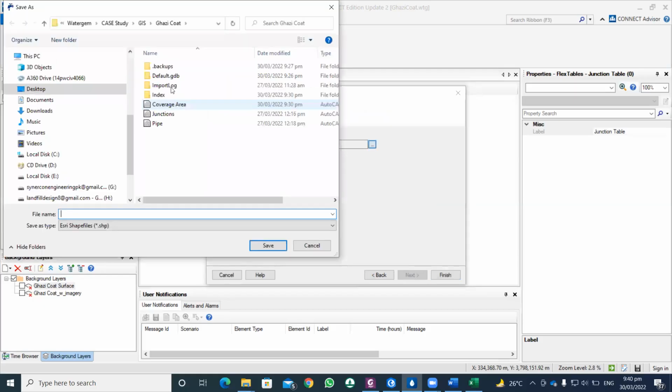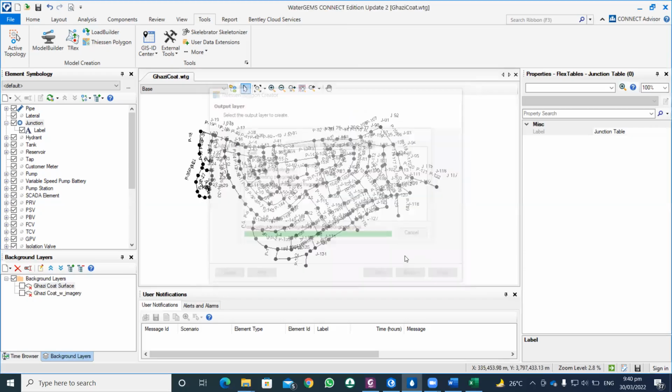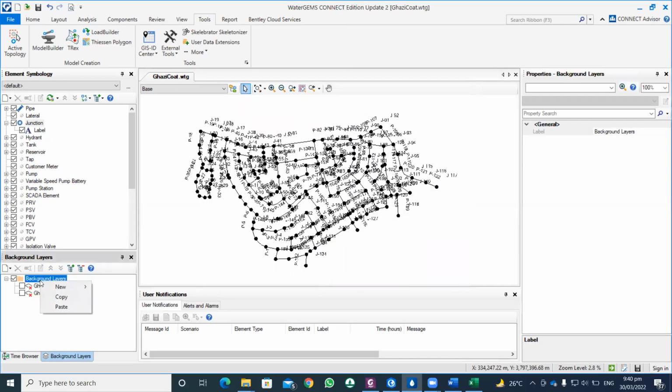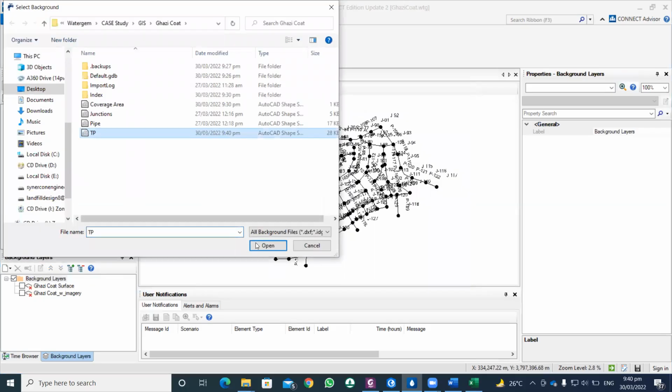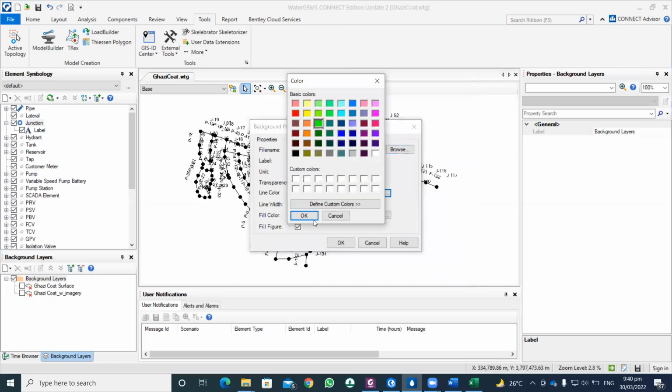The output file should be saved as TP, Thiessen polygon. So now the Thiessen polygon has been created. Let me open it. I want to change the color of that. Okay, green.